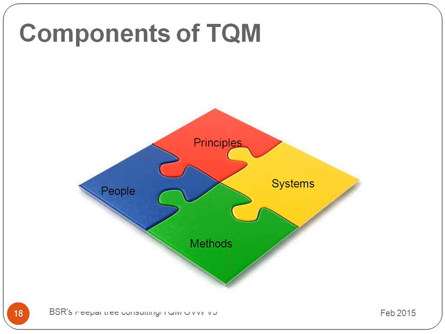We already talked about the people, what should be the approach to people in the joiner triangle. Now we will look at what I mean by principles of TQM, what are the various systems that make up TQM, and what are the methods that help us to implement these systems.